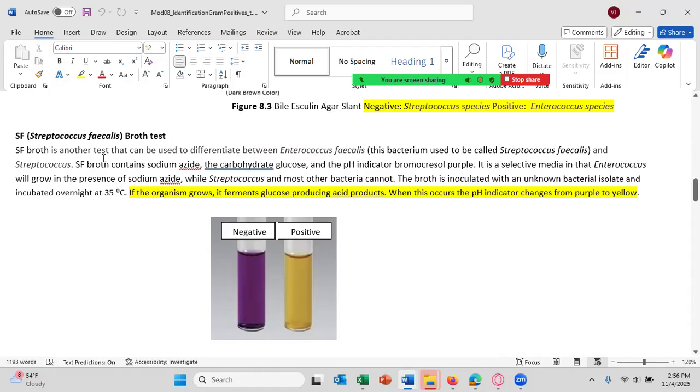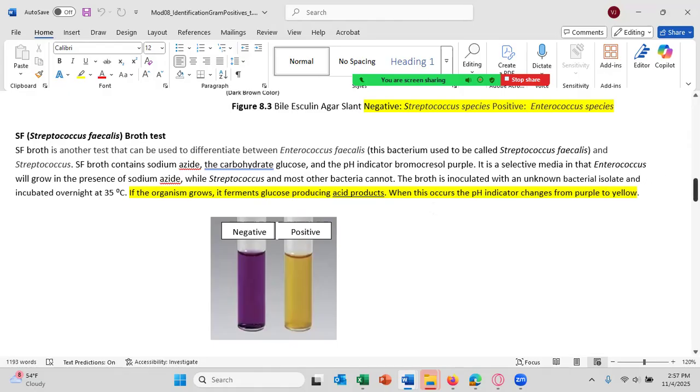It is not in the Streptococcus family, but this test was invented a long time ago, and so we still call it the Streptococcus faecalis broth test, and I'll just call it the SF broth test so that nobody gets confused, because the bacteria is no longer called Streptococcus faecalis. It is called Enterococcus faecalis. Any question about any of that?